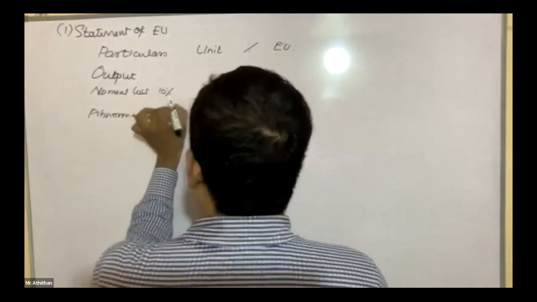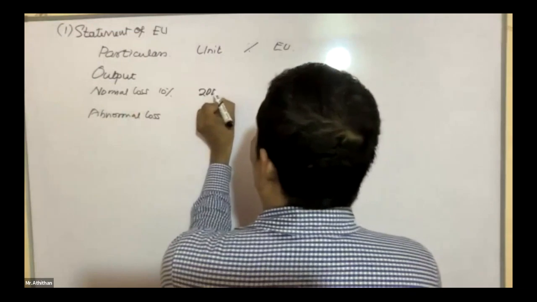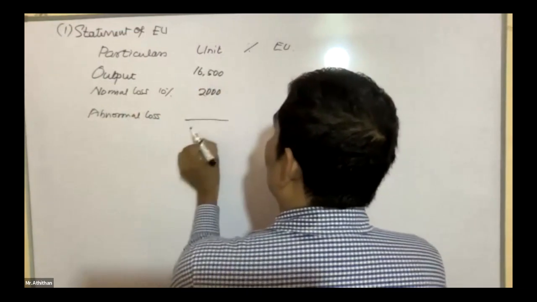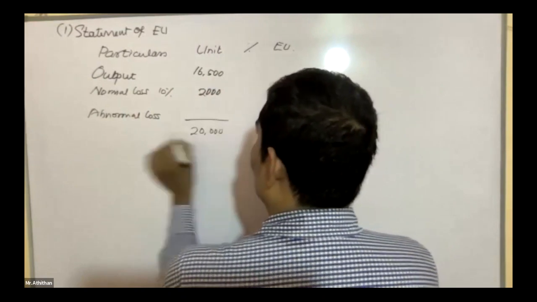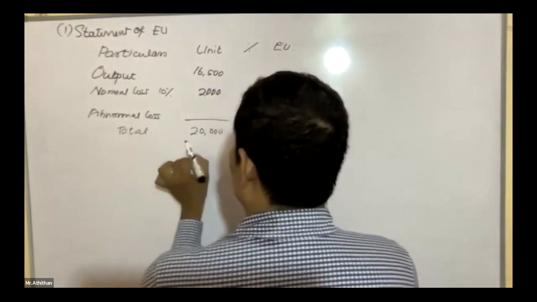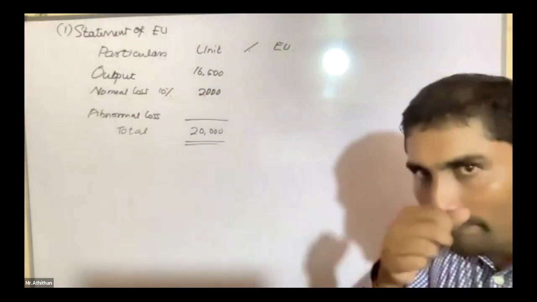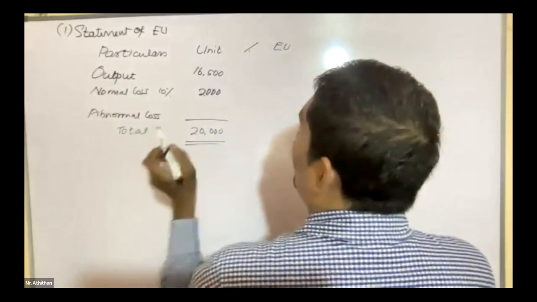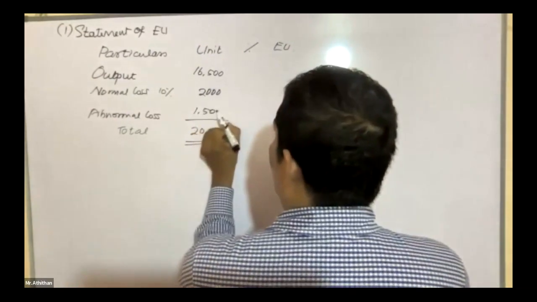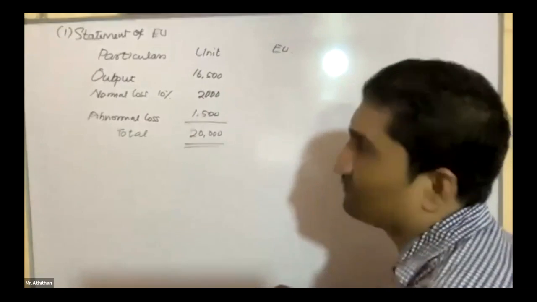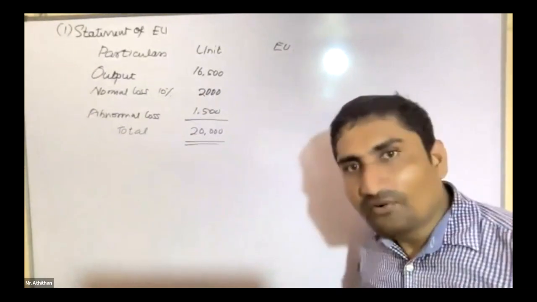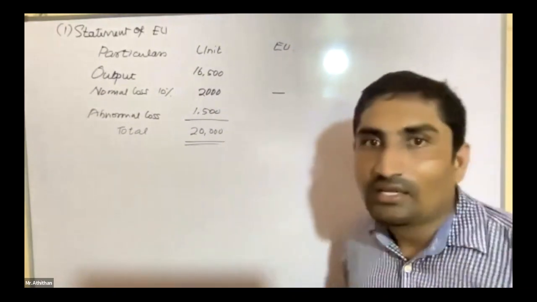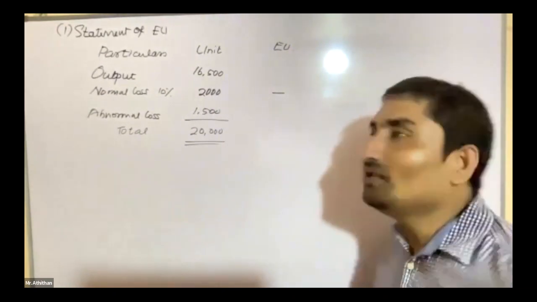Normal loss is 10%, that is 2,000. Output 16,500. Total input is 20,000. Abnormal loss 1,500. Already we have learned that for normal loss we don't count anything.